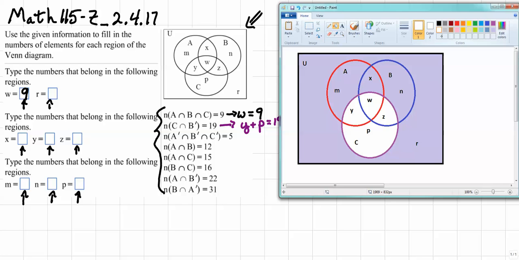If you were paying close attention, you realize that this region here is outside of A, outside of B, and also outside of C, and that's the only overlap. Therefore, we have R as our value.